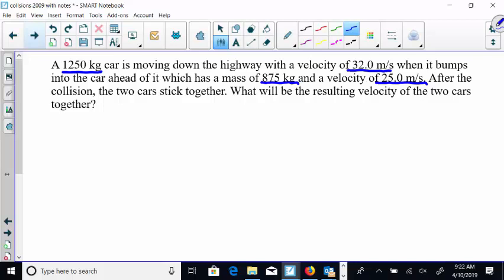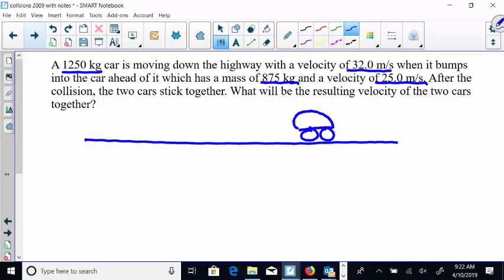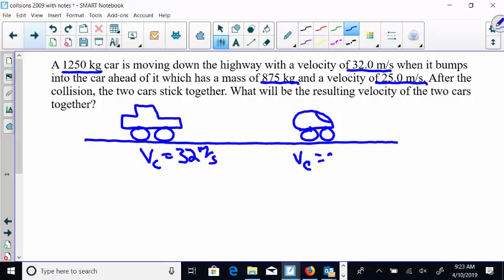Paying attention to wording, both of these cars are moving in the same direction. I have a smaller car in front, like a bug, and a larger mass car behind. The velocity of this car is 32 meters per second, and the velocity of this car is 25 meters per second.